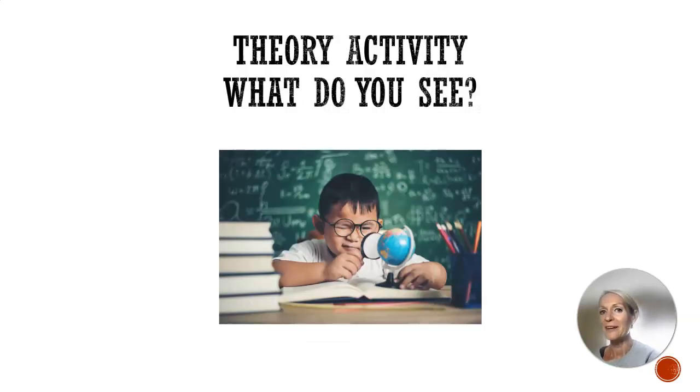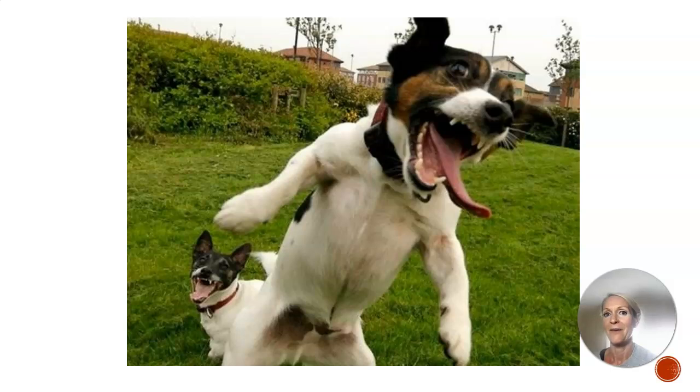So we're going to do a little theory activity here, thinking about what do you see? And this is actually going to help us understand our lens through which we see the world. So for each picture, I want you to think about, what do you see? Okay, looking at this, what do you see? In the past, I've had students who have told me, oh, I see a dog who's happy and playing.